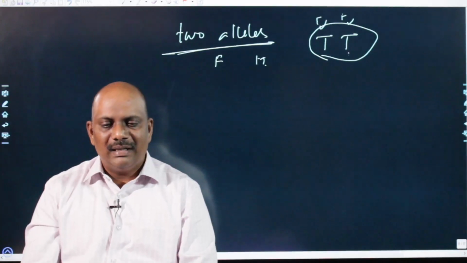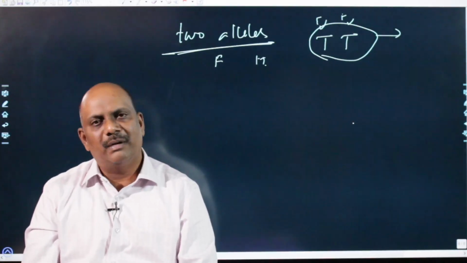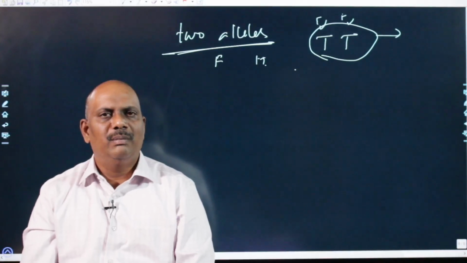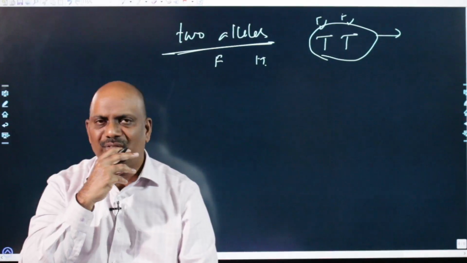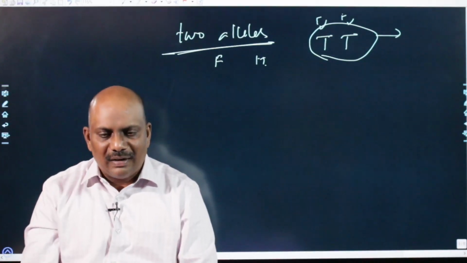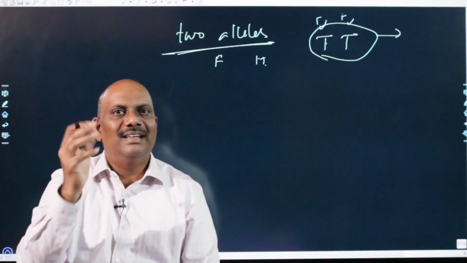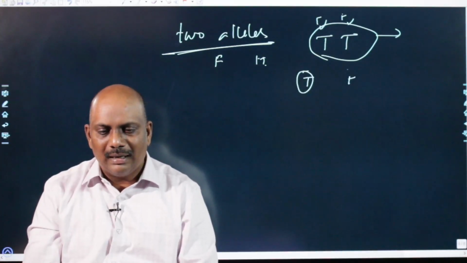And once again, when this individual is going to give birth, there will be gamete formation. In human beings, it is the formation of sperms in the male and ovum in the female. During gamete formation, these two alleles segregate. So in one gamete, we will find only one allele.